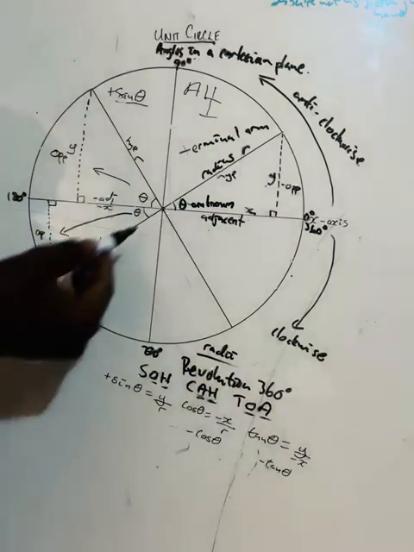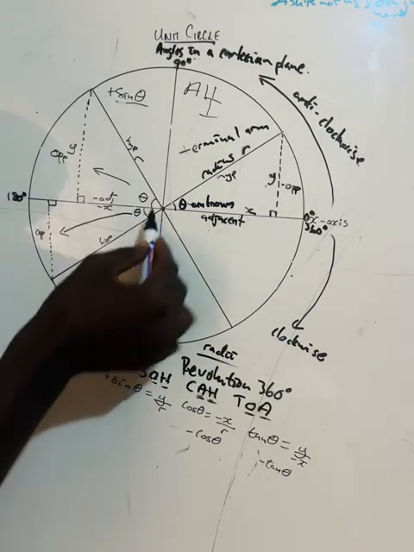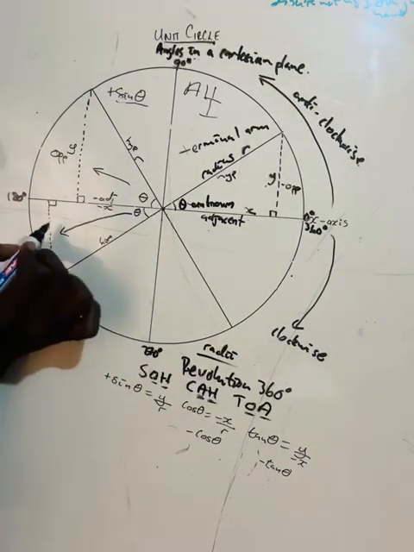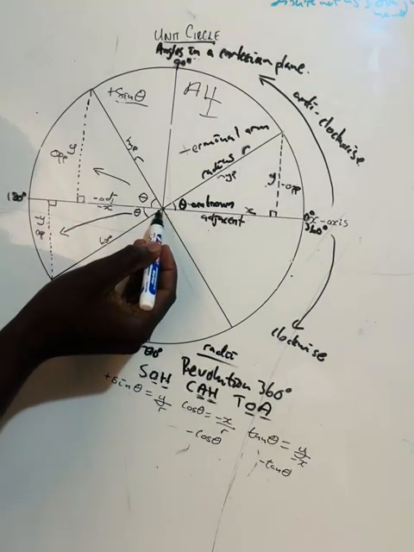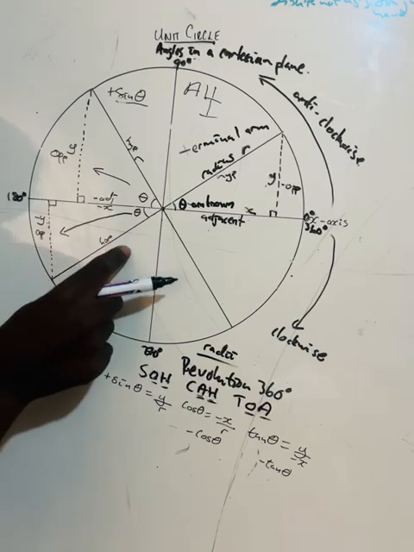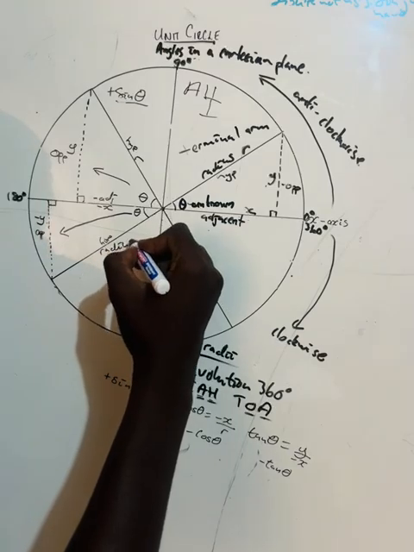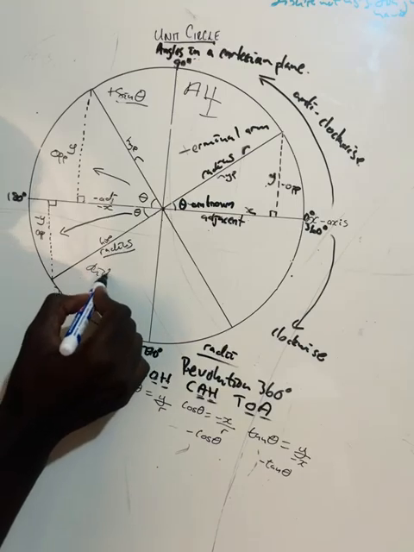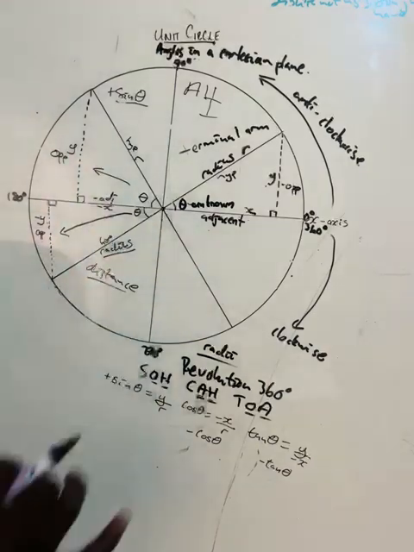Now observe, from the point of origin the opposite is going downwards, and when you go downwards, this is where you find your negative values. So for the first time your opposite is negative because your y-axis is negative, which means here we have got a negative y. Observe, the hypotenuse is also within the negative y region, but because the hypotenuse is the radius, we write it as positive. It's distance. You do not write your radius as a negative. So the hypotenuse will always be positive.